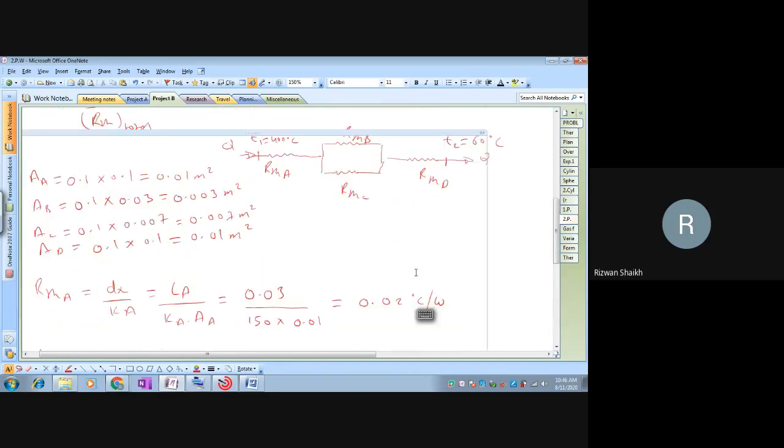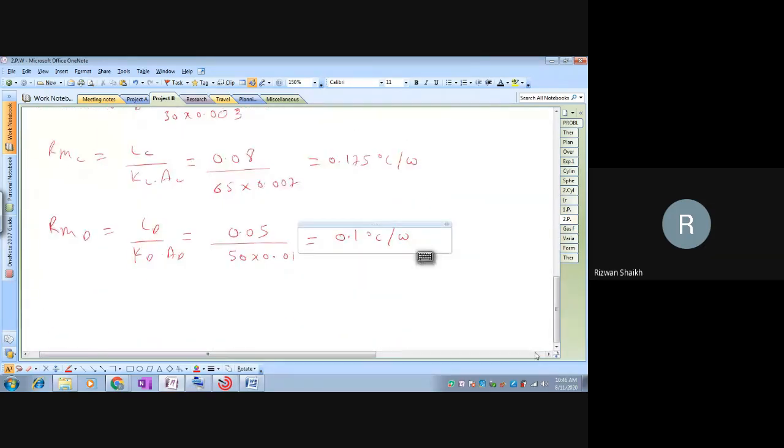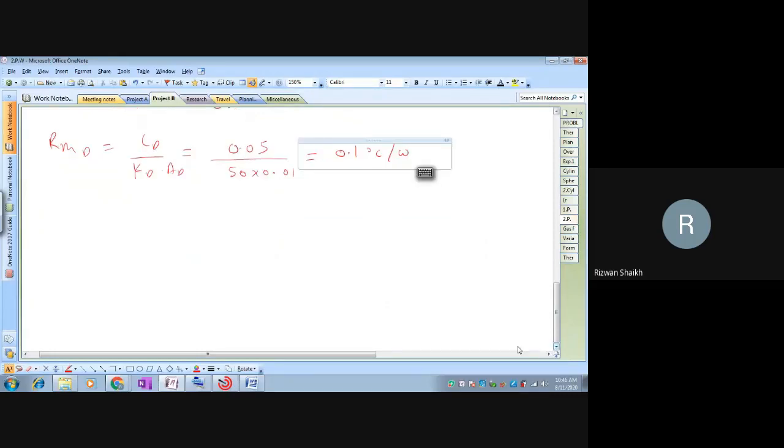Now here we cannot take RTH A plus RTH B plus RTH C plus RTH D because B and C are parallel to each other. So first we have to calculate the parallel thermal resistance. How can I calculate it?